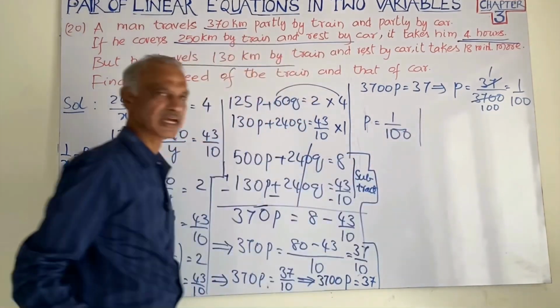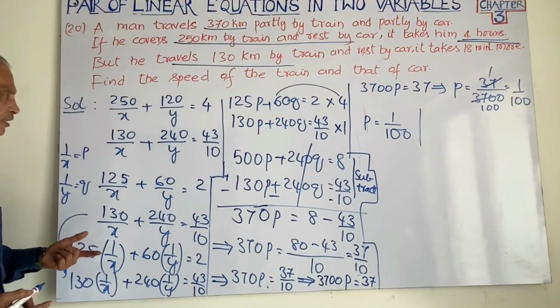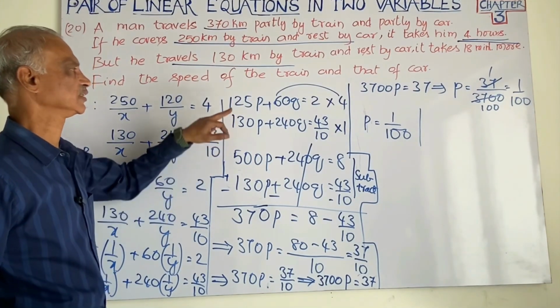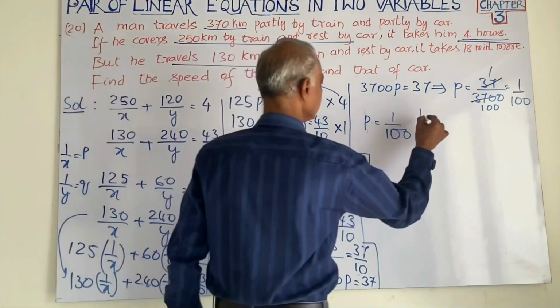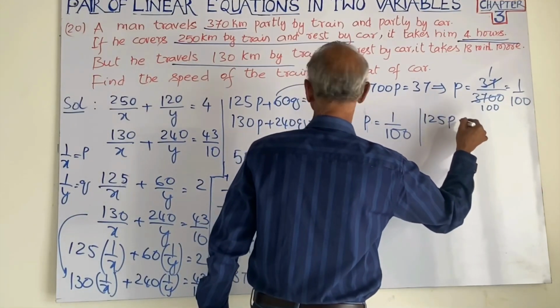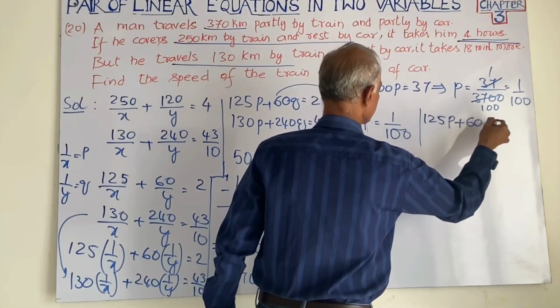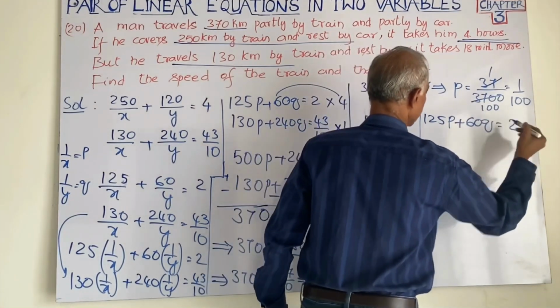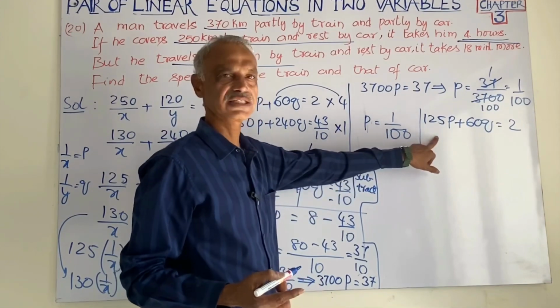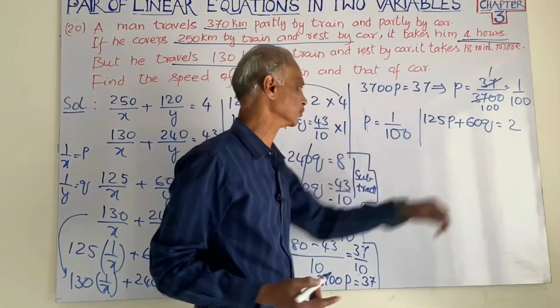Now substitute the value of p is equal to 1/100 in one of these two equations. I will take this equation, 125p + 60q = 2, and substitute the value of p in this equation. You will get the value of q.